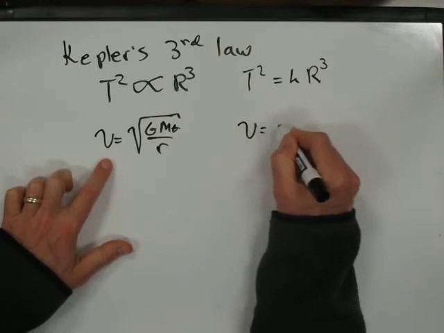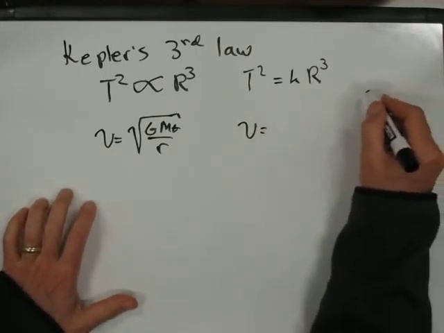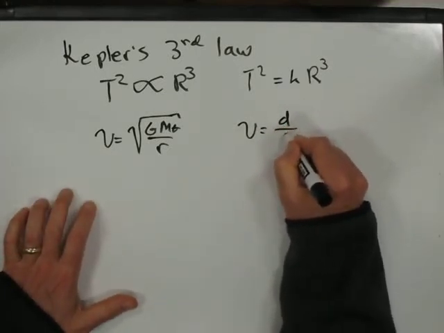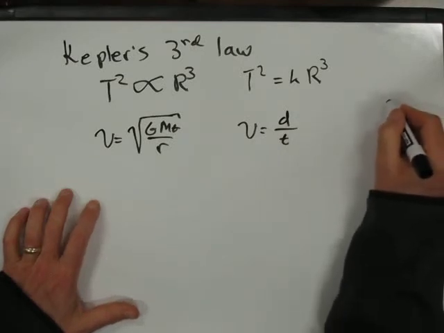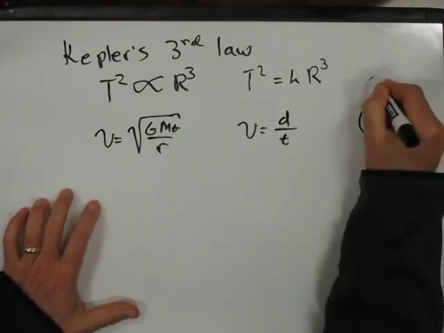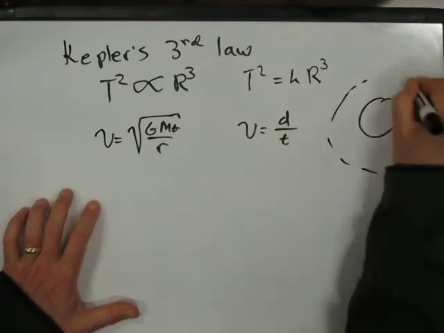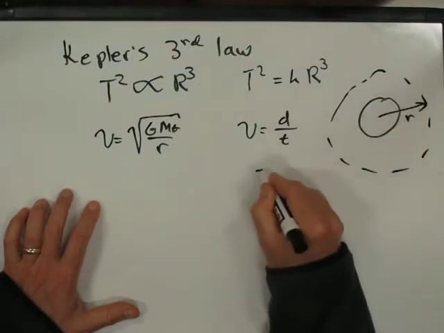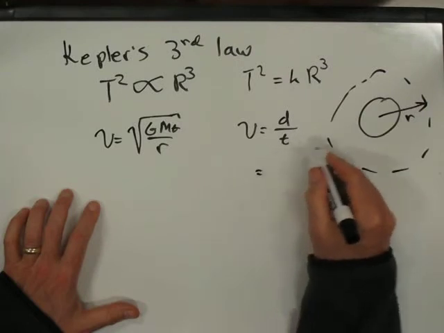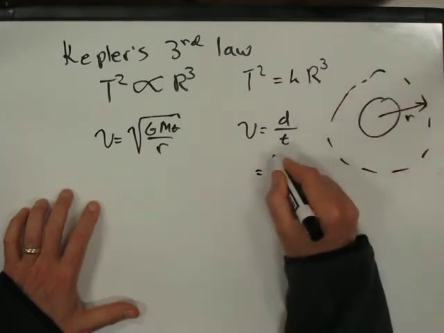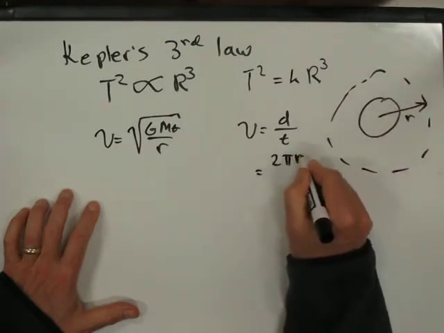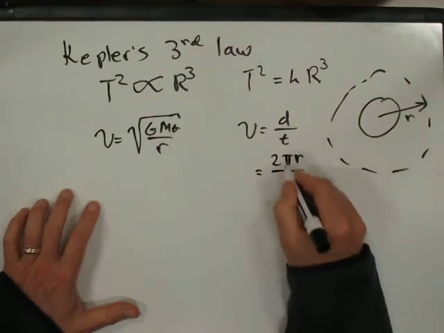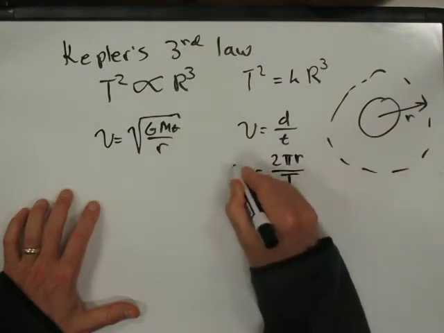And so we can just look at this for a second and say, well, what is v, right? v is just distance over time, right? And for a satellite in a circular orbit of radius r, that's equal to the distance, which is the distance around the circle, which is just 2 pi r, divided by the time, which is the period of the orbit, right?